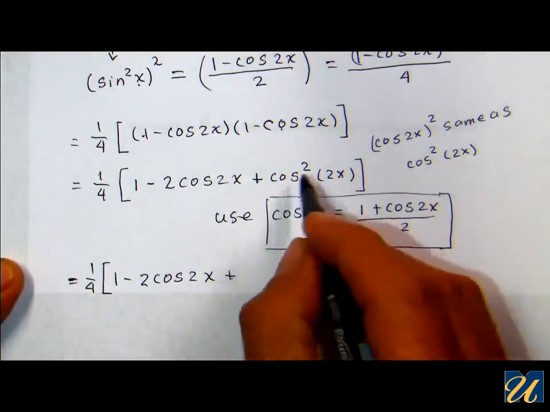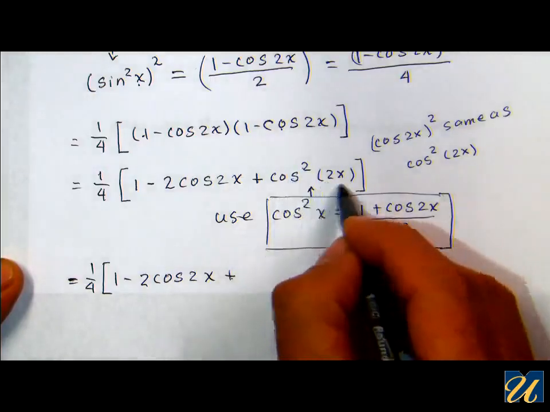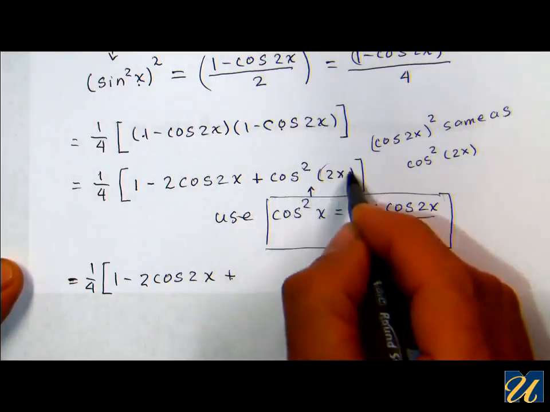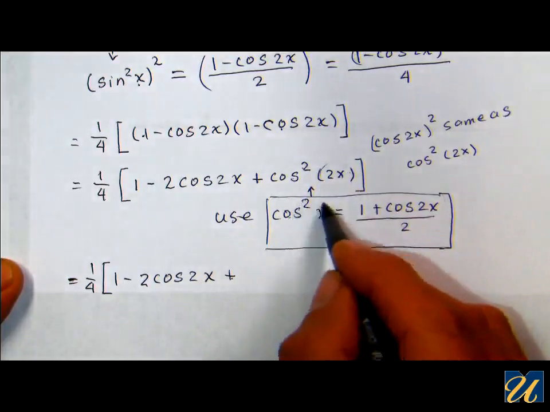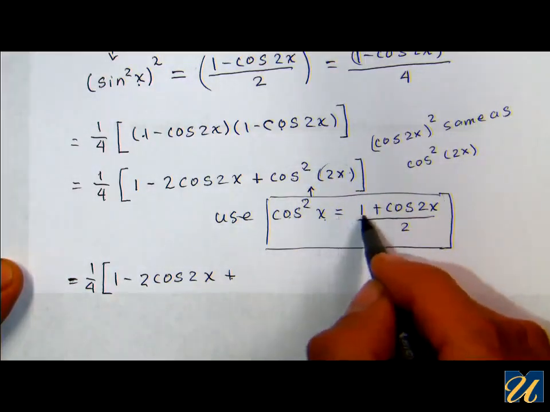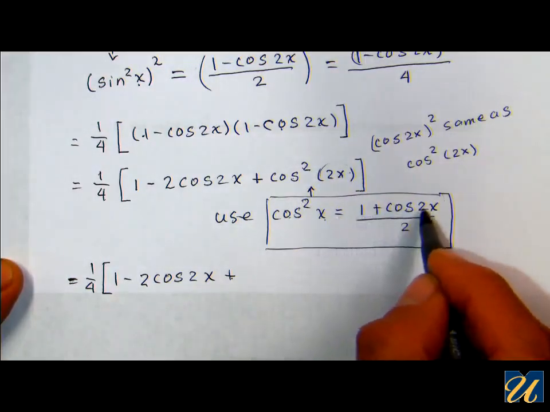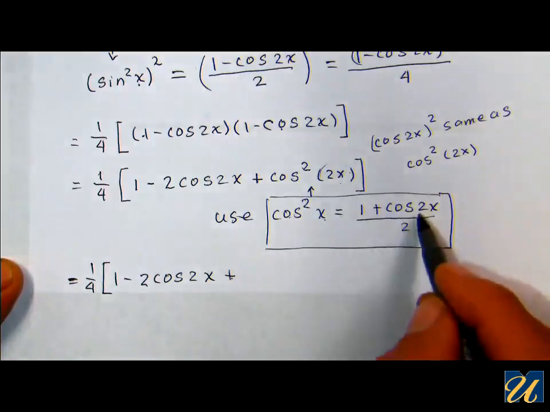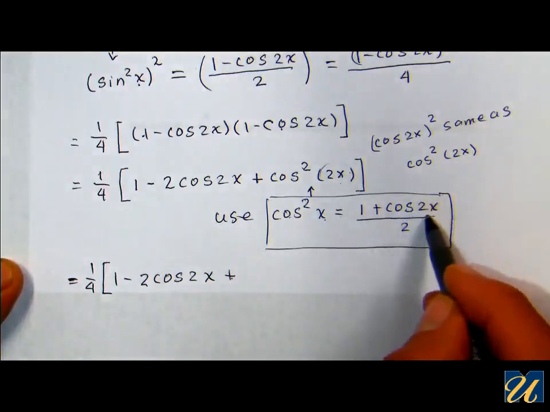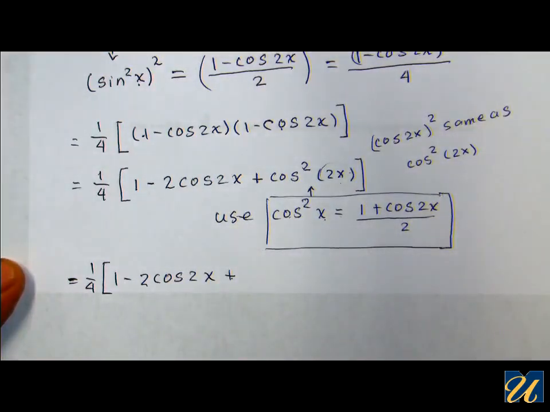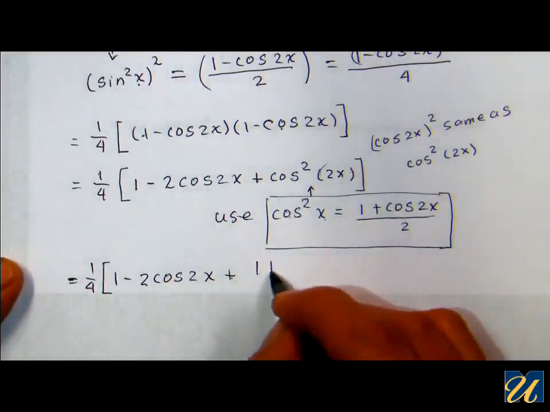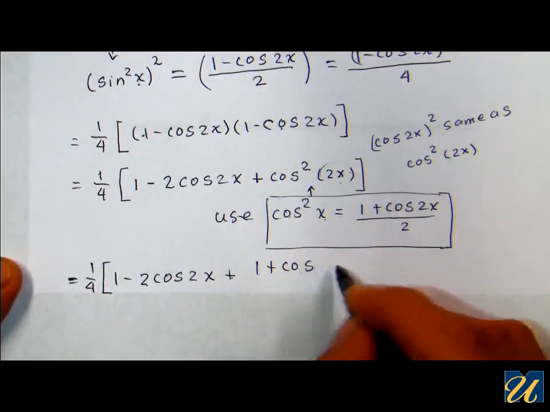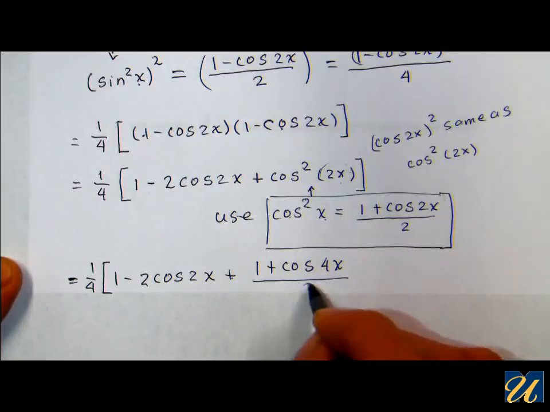Now, cosine square of angle equals 1 plus cosine double the angle. The angle here happens to already be 2x. When you double the angle, it is now 4x. 1 plus cosine of 4x, all divided by 2.